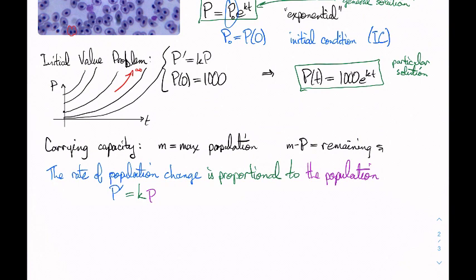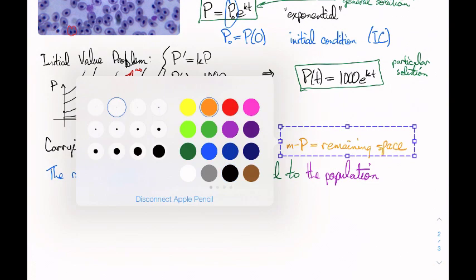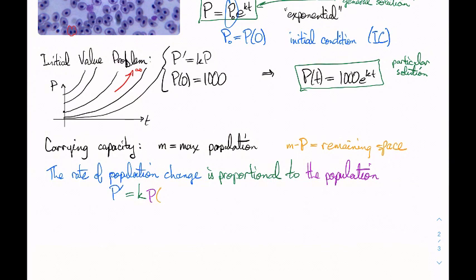And so, while it's not possible for a population to grow above M, a population can start with initially above M, and then what would happen is we would just see the population die off. So let's see. So how do I incorporate this, let's say, orange condition into the equation? Well, I'm just going to make it also proportional to the amount of remaining space.